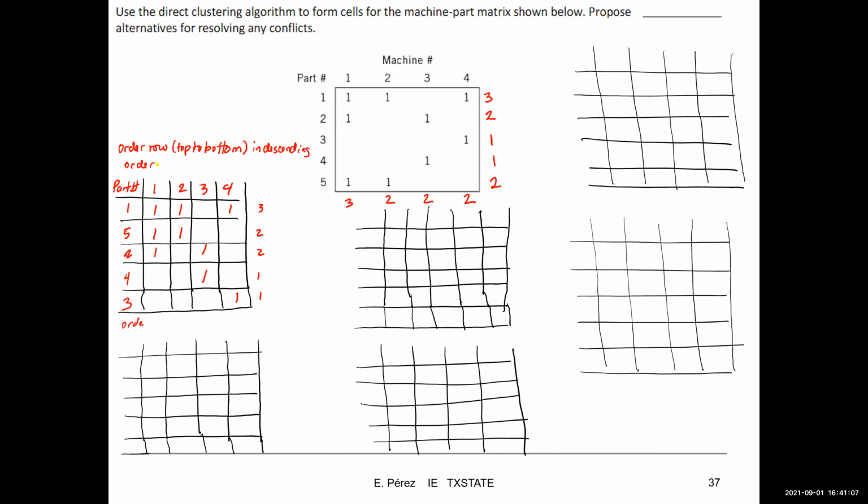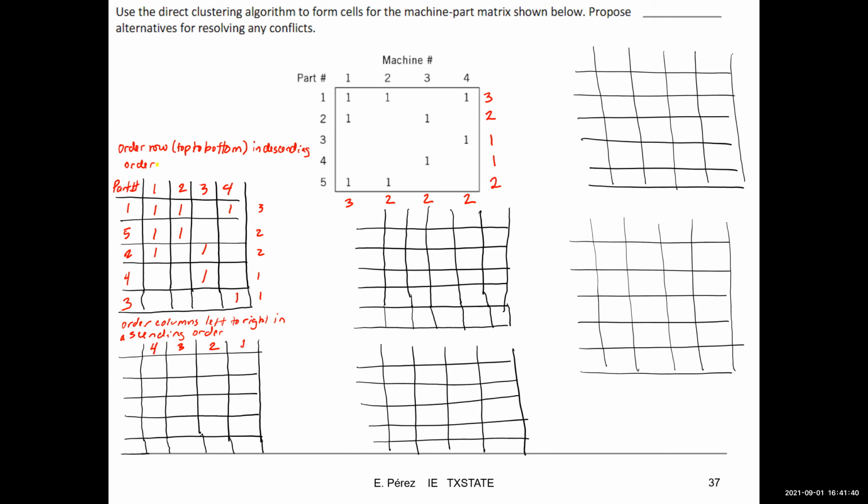So columns left to right in ascending order, we will have 4, 3, 2, and 1.